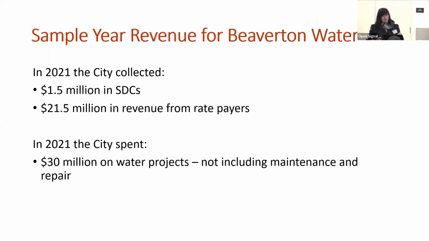Now, remember, the ratepayers also pay for maintenance and water treatment, not just the capital projects that address growth in the system. And then on the spending side, again, snapshot, the city spent $30 million on capital projects for water. Didn't include maintenance and repair. That's those growth-oriented projects.